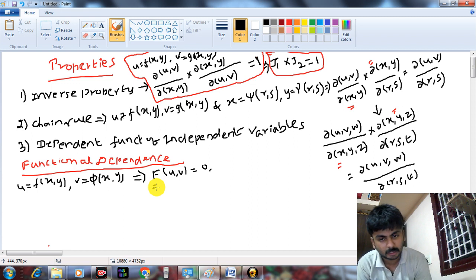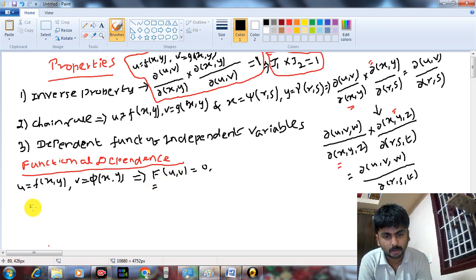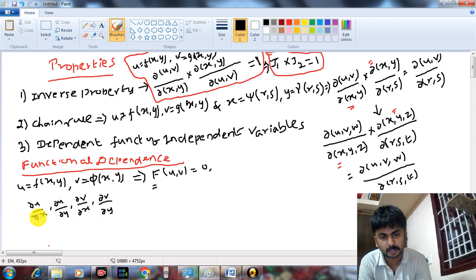So if it is differentiable, you will have dou u by dou x, dou u by dou y, dou v by dou x, dou v by dou y not all 0 simultaneously.